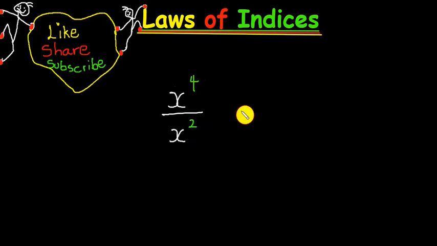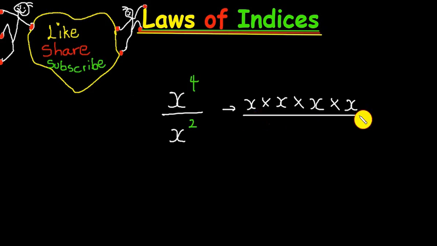What do we do here? Now, if we expand this, this is the same as x multiplied by x multiplied by x multiplied by x. Now x to the fourth power is saying that you multiply x by itself 4 times: 1, 2, 3, 4. And what we will do now, divided by x to the second power.